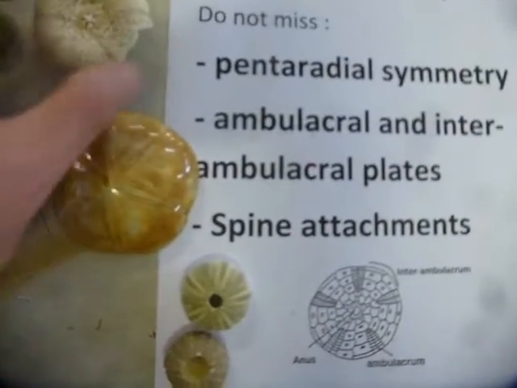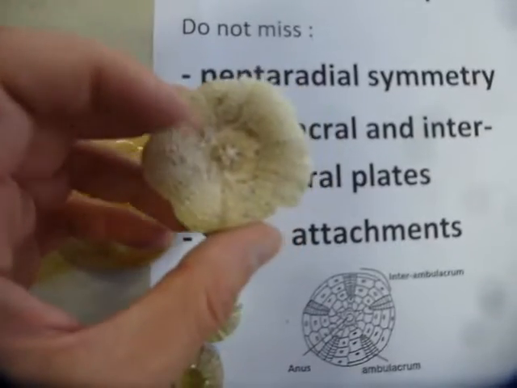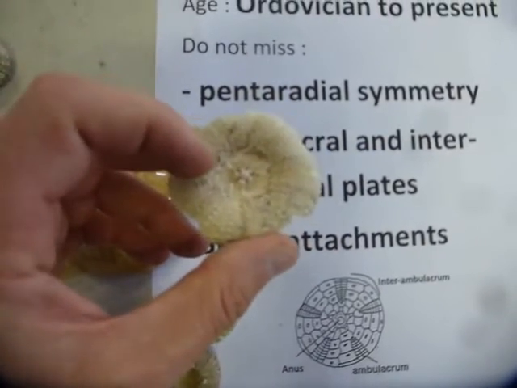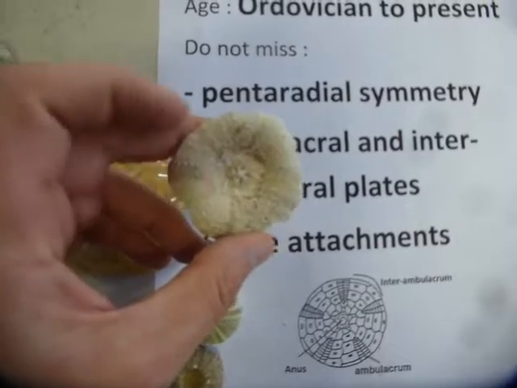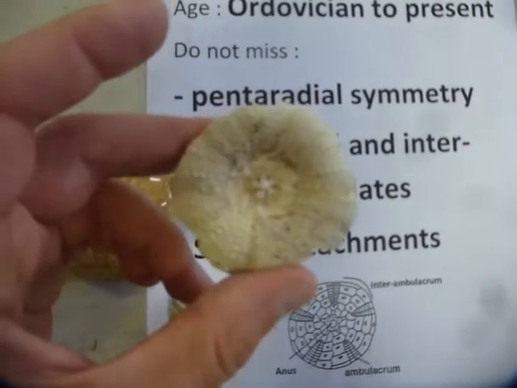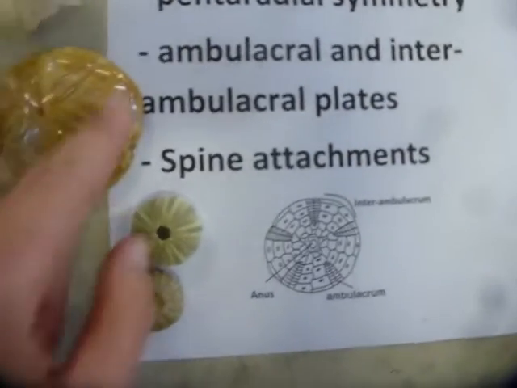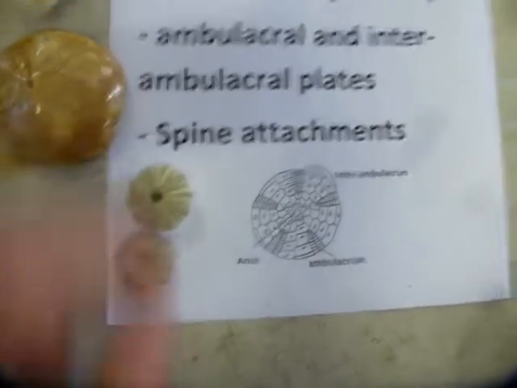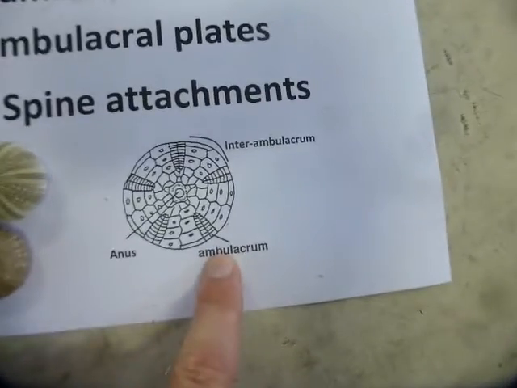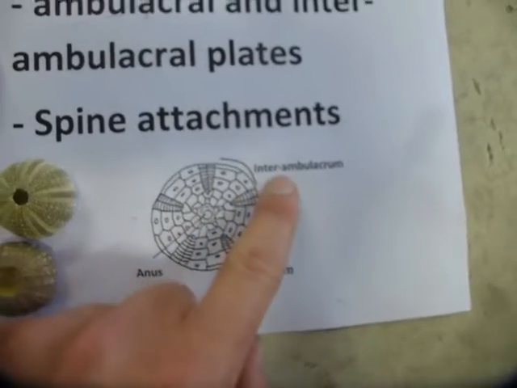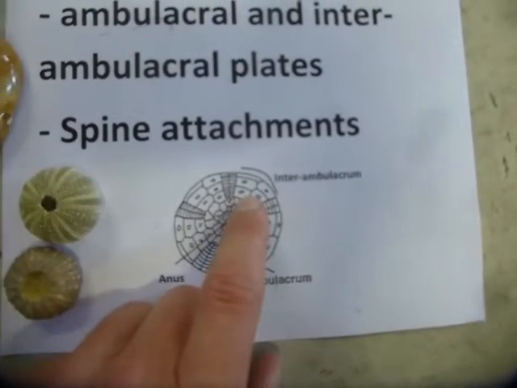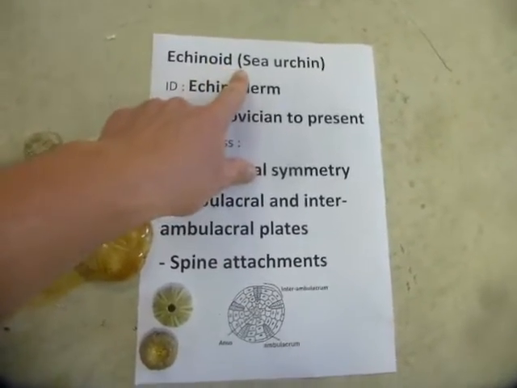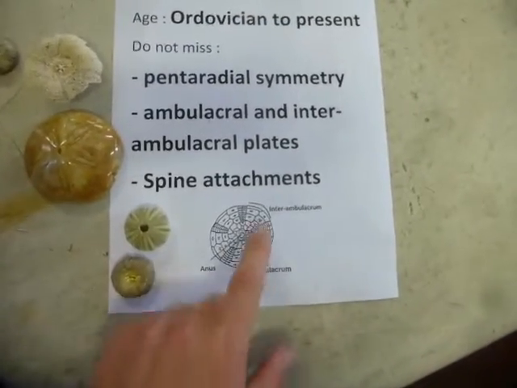That's where you find the spines, like the spines that you can see on that specimen here. Here they are very small, but they can be quite big. The spines are attached to the interambulacral plates. So the ambulacrum is for the feet, and the interambulacrum is for the spines. And that's how you identify an echinoid, by locating those areas on the fossil.